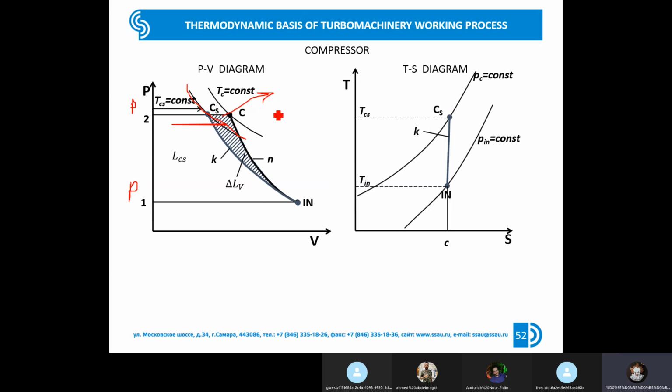But if you remember the equation for ideal compression, let's try to draw it. This is the specific work of ideal compression. It could be easily calculated. This is the inlet temperature, the pressure ratio to the degree K minus 1 divided by K minus 1. K is the adiabatic index.